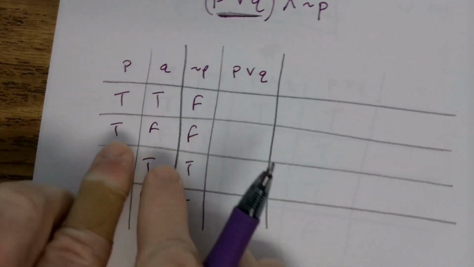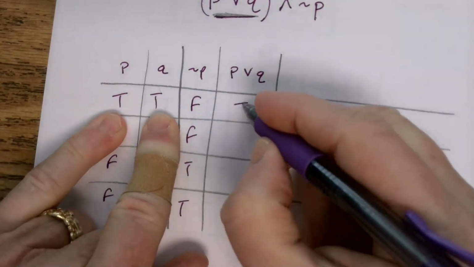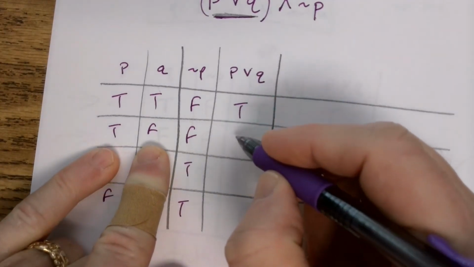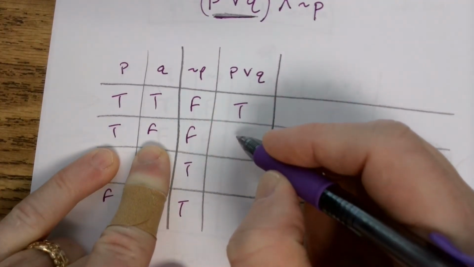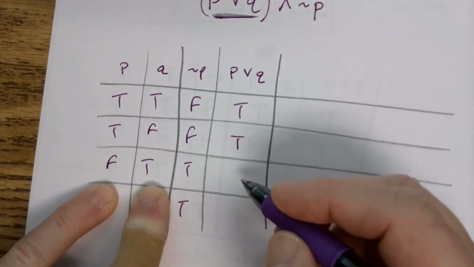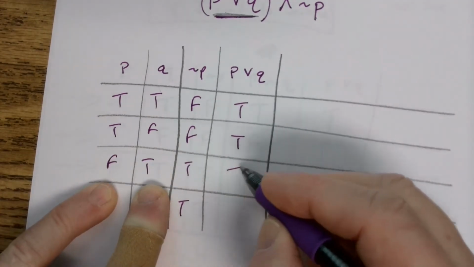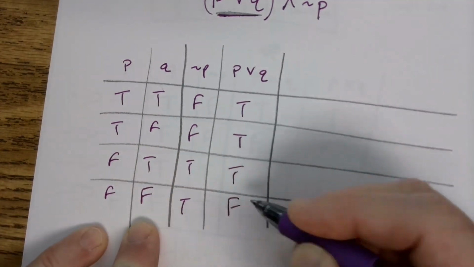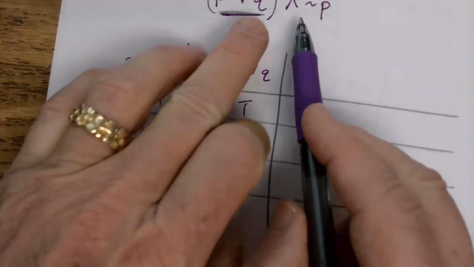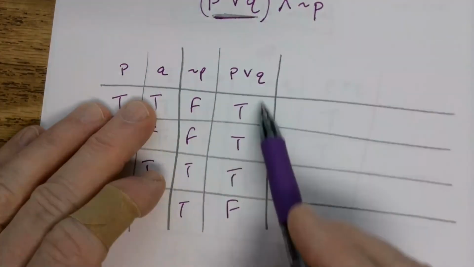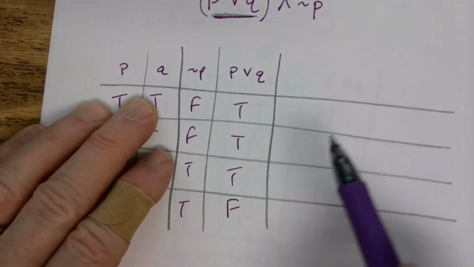So true, true, true, true, false, or true, false, true, true, and false, false. Now we have the two columns. We have what's in parentheses in this column, and we have not P in this column, and we're going to do AND.